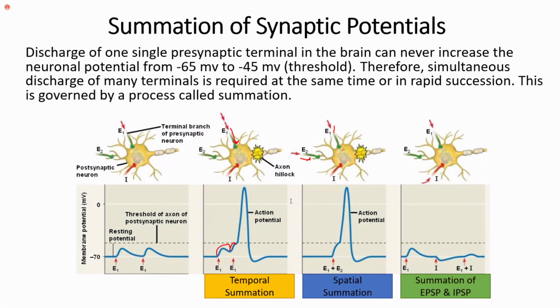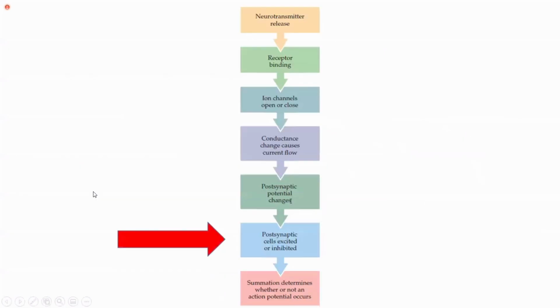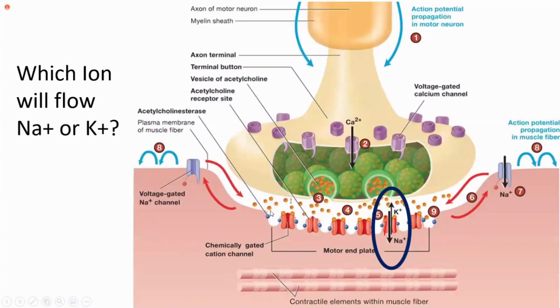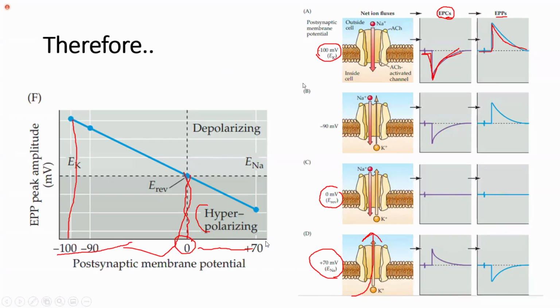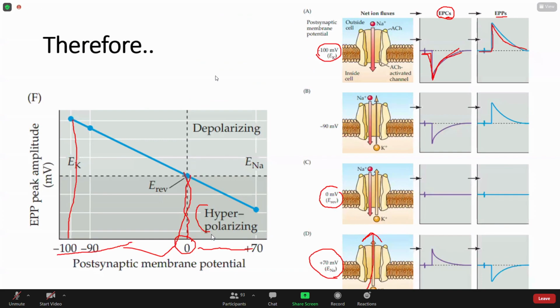Okay. The reversal potential is the potential where the movement of ions changes from inward to outward. So for example, in this case, we know that the cholinergic receptors are permeable to both sodium and potassium. So 0 is the reversal potential.